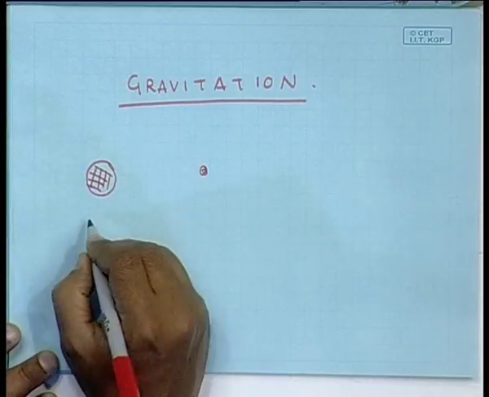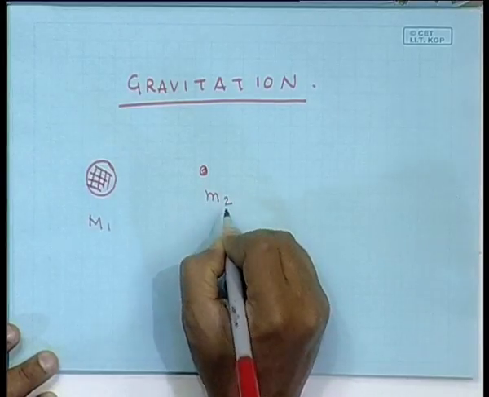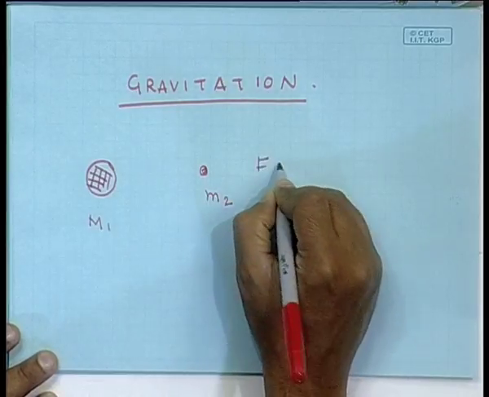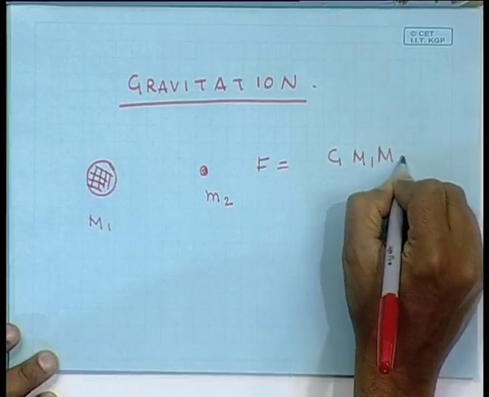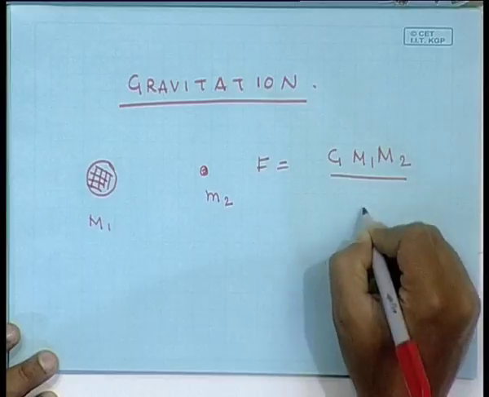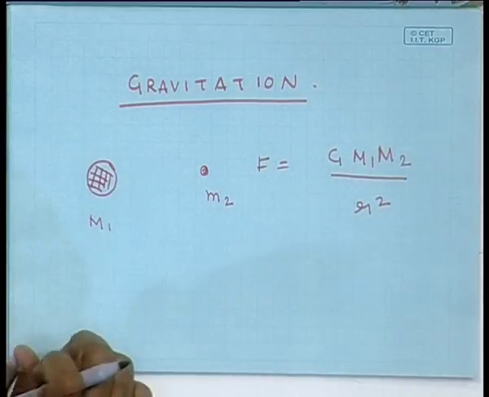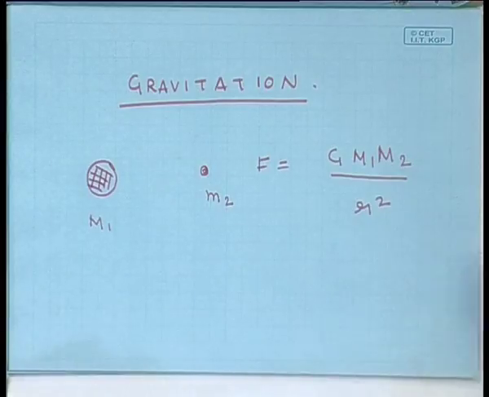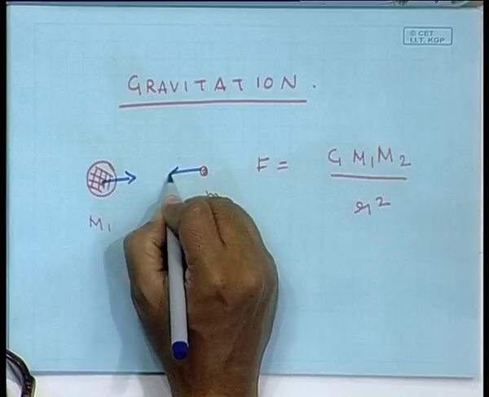The gravitational force between 2 massive objects, one of mass m1, another of mass m2, is F equal to G m1 m2 by r square. This is what Newton's law of gravity predicts, and the gravitational force is attractive. It will cause these 2 objects to come together.